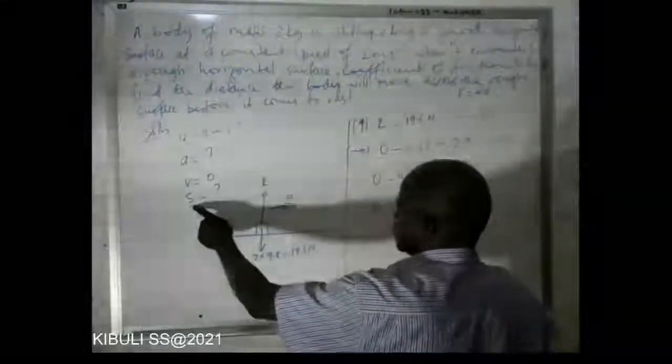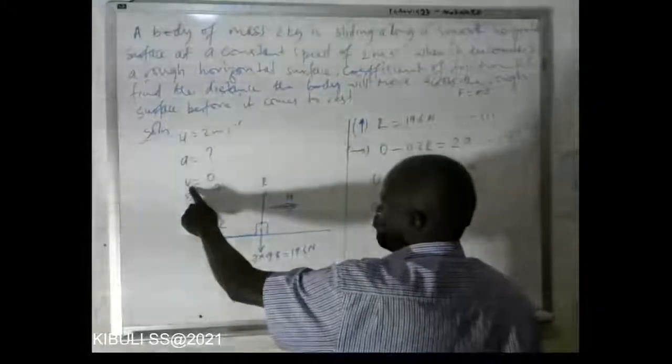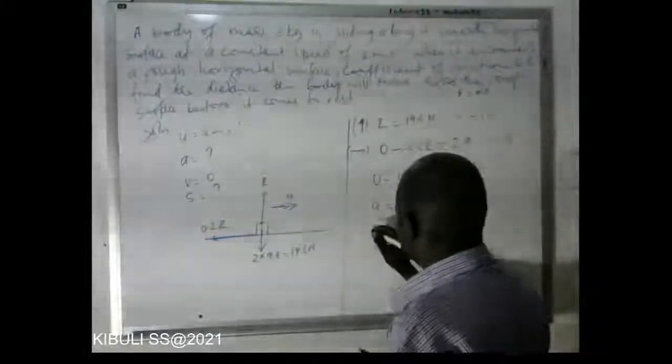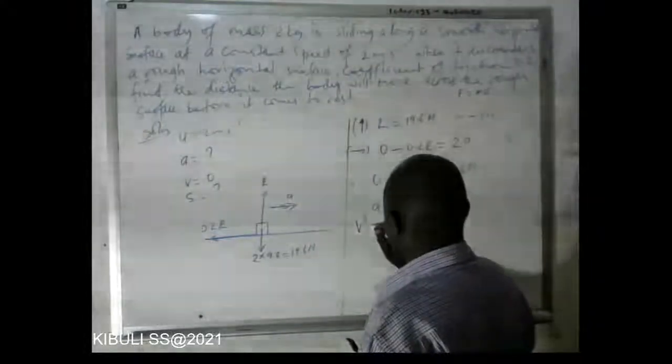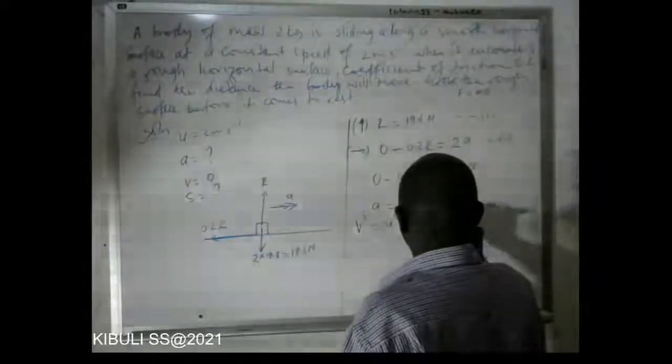Now to get S, we know U, we know A, we know V. So we use the fourth equation for uniformly accelerated motion. V squared is equal to U squared plus 2AS.